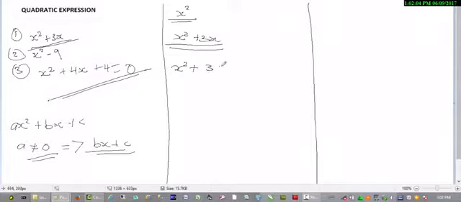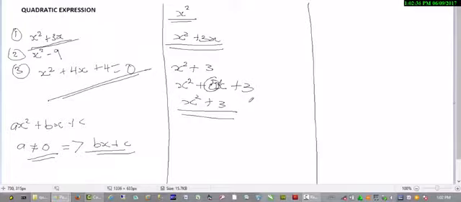It means that my b value is 0, meaning that you can rewrite this as x squared plus 0x plus 3, which simplifies to x squared plus 3. So this is just the general rule. Any other constant, b or c, could be 0, but a must not be 0, otherwise it is not a quadratic expression.